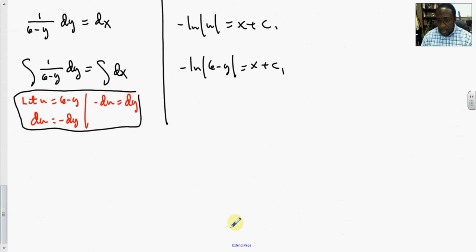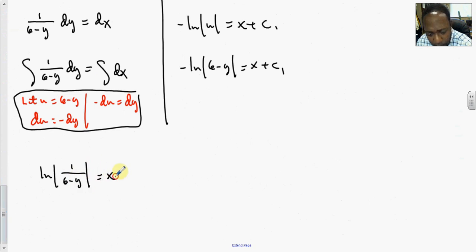The idea is to get y by itself, if possible. Sometimes it's not practical. So here we can write this negative. You can do it a couple of ways. You can divide both sides by a negative, or you can make the negative the reciprocal. So if we did that, we have the natural log of the absolute value of 1 over 6 minus y is equal to x plus c sub 1.